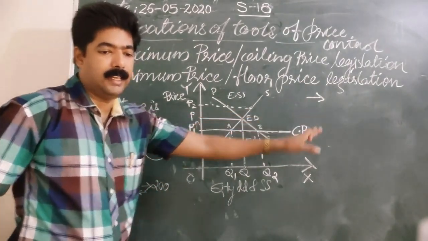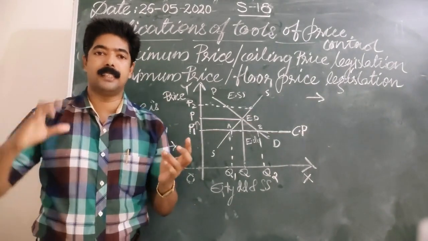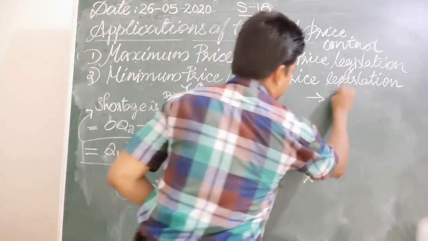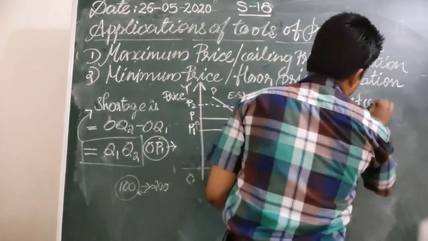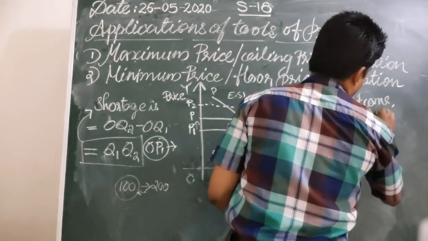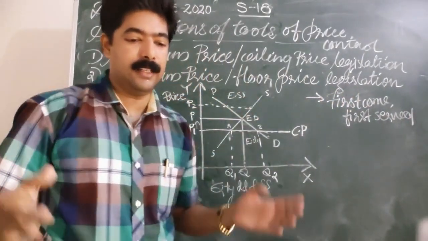The first one is that they will give the products to the customers in such a way: first come, first served. What does it mean?